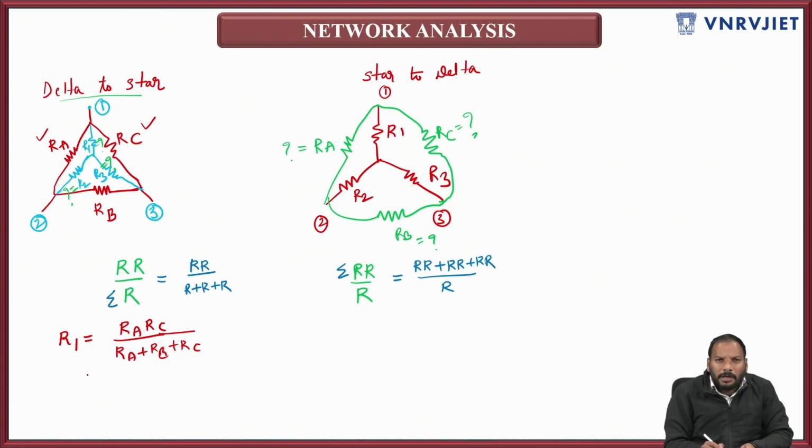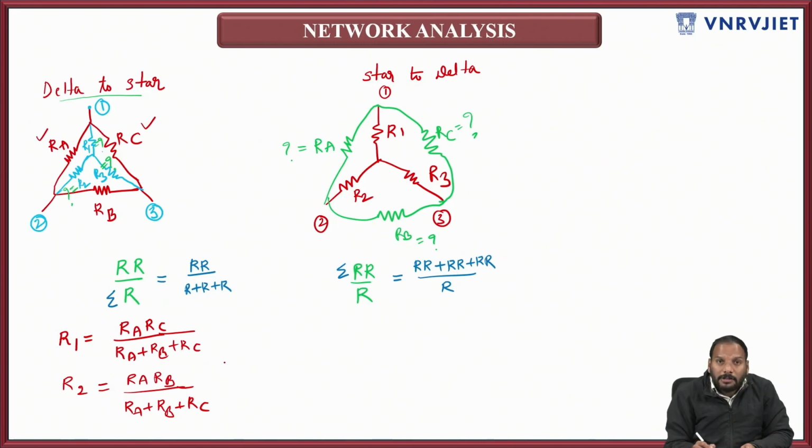Once you have written R1, it is very easy. You can easily write the values of R2 and R3 as well. R2 is equal to the adjacent resistors, RA and RB, divided by RA plus RB plus RC.